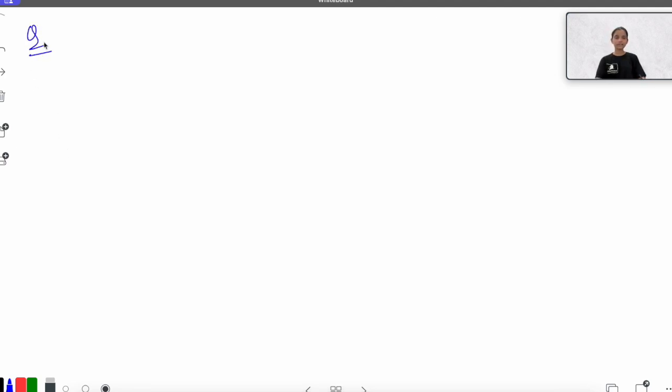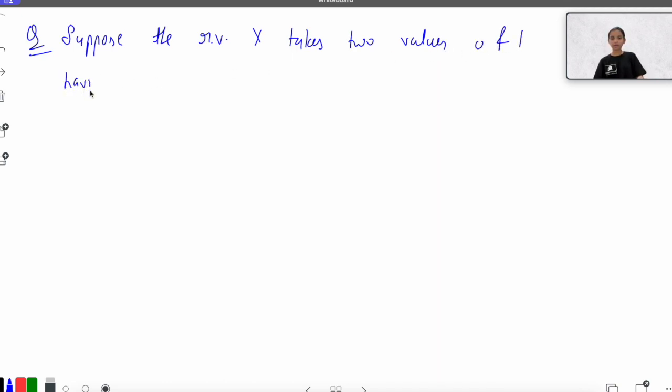Let's take an easy question first. Suppose the random variable x takes two values, 0 and 1, having the PMF f of x given theta equal to 1 minus theta for x equal to 0, and theta for x equal to 1.